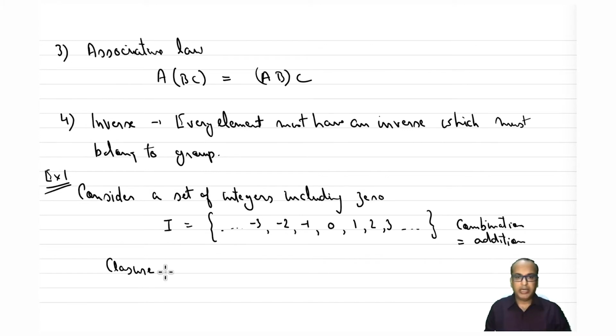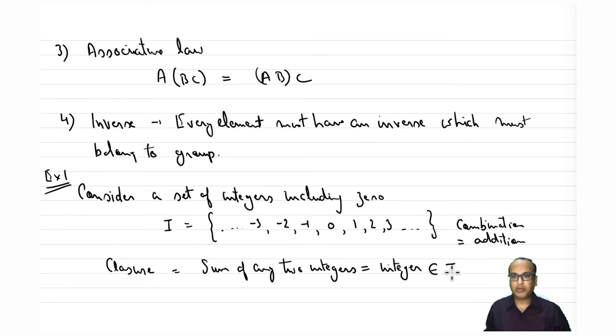So the closure property tells you that the sum of any two integers is an integer, and this will belong to group I, right? So you can take any integer from this, and if you take a sum or combination, the result will belong to I. So the first property is valid.